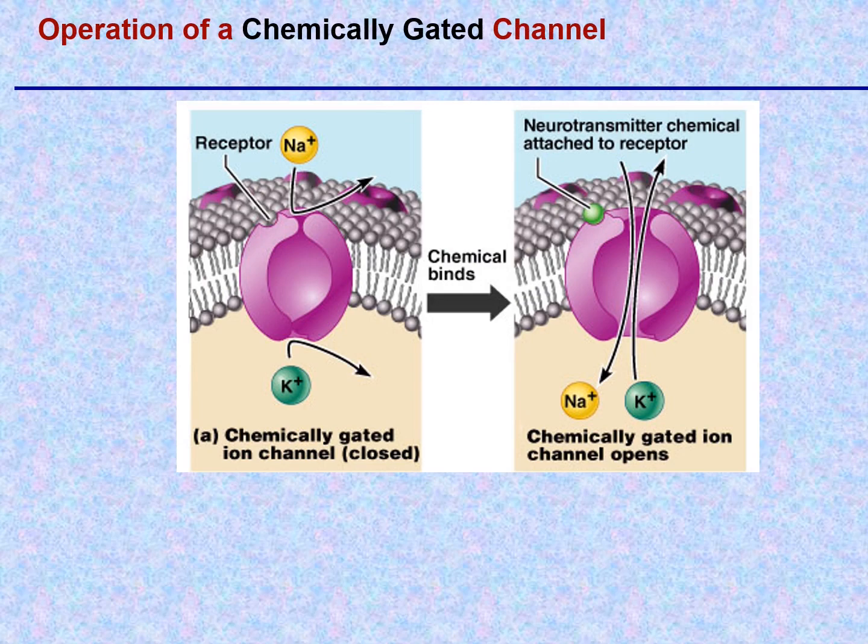And here you see this kind of sodium-potassium channel, and you can see that this is in pink or purple, a transmembrane protein embedded in the phospholipid bilayer, which has a particular specific receptor as part of its surface right there.